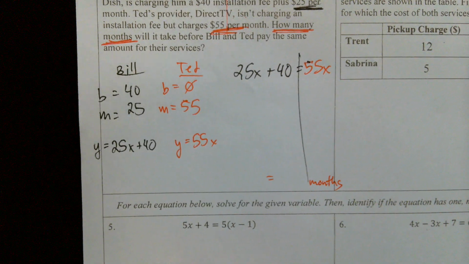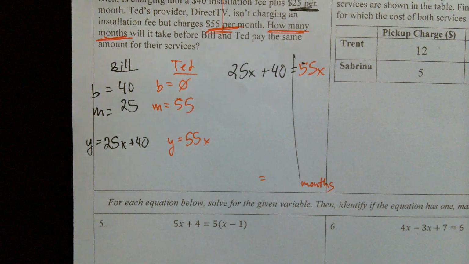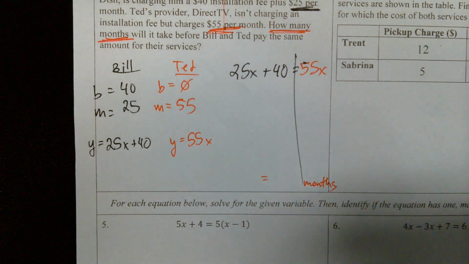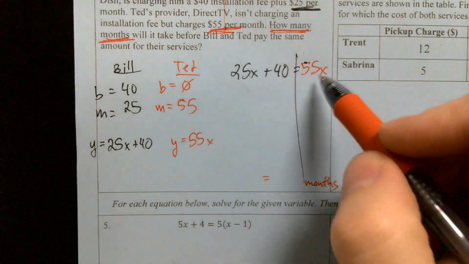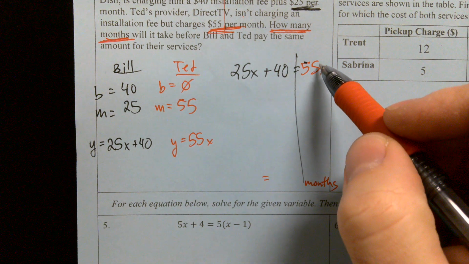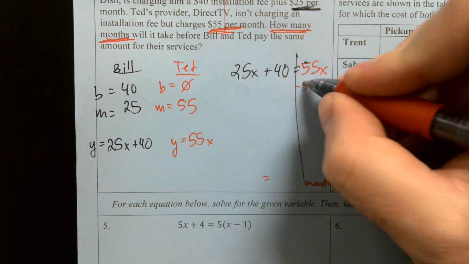So there's two different ways we could go about doing this. If we want to stick to the script, we want to follow our steps exactly, we're going to start by subtracting 55x from both sides.